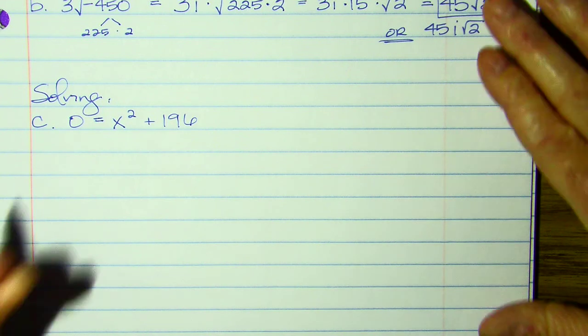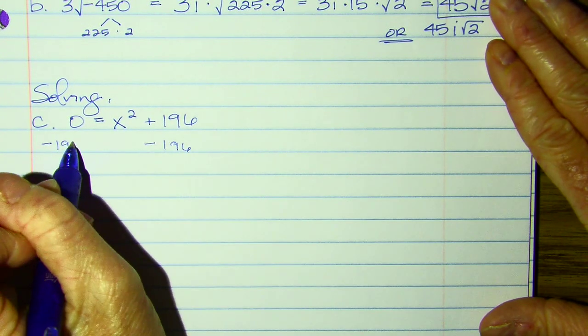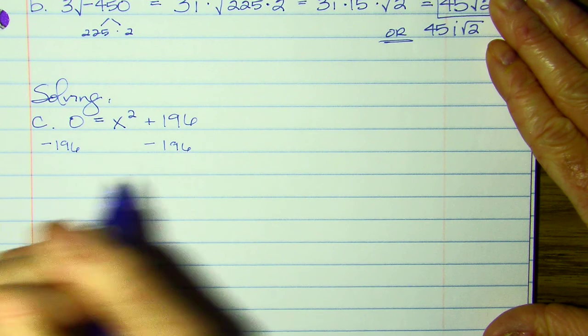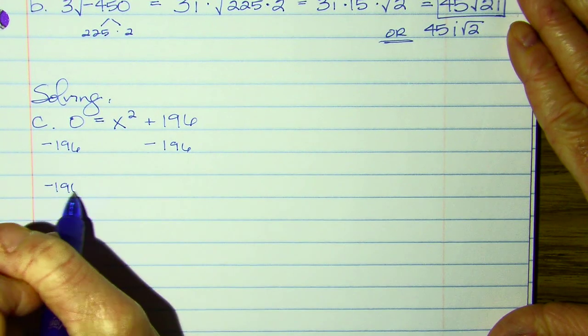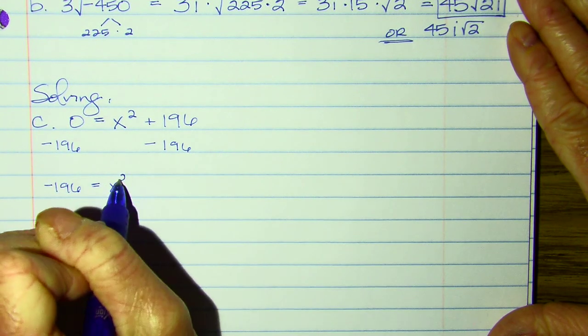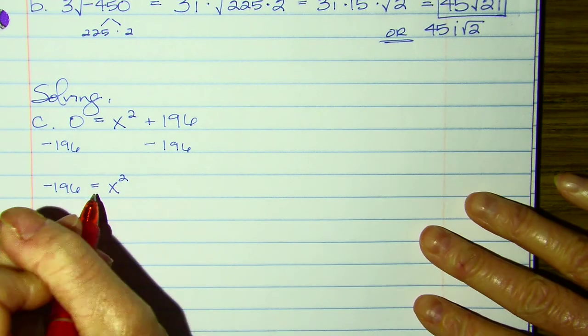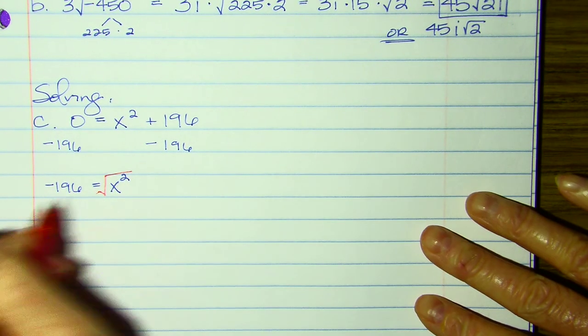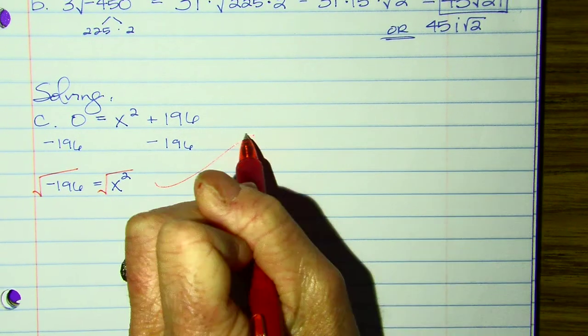So to solve this, I'm simply going to subtract 196 from both sides. And so I get negative 196 equals x squared. Now to solve for x squared, I need to take the square root of both sides, and I'm going to write the results here.